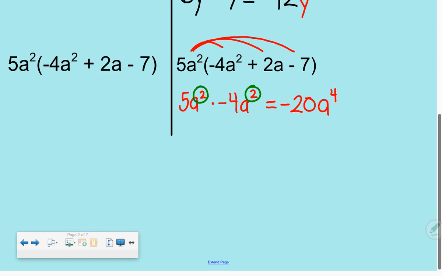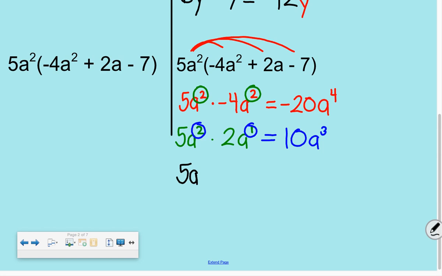Then we're going to do 5a squared times 2a, which is the same as 2a to the first power. So 5 times 2 is 10, and then 2 a's and 1 a make 3 a's. All right, and then last we have 5a squared times negative 7.